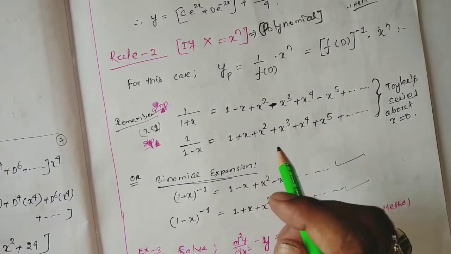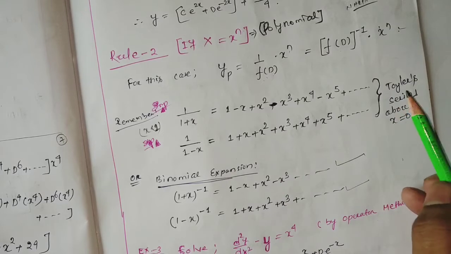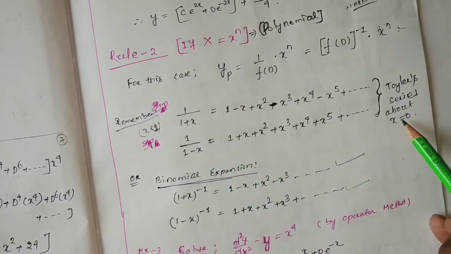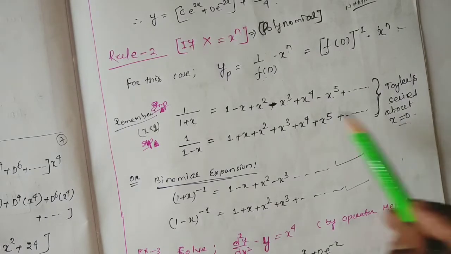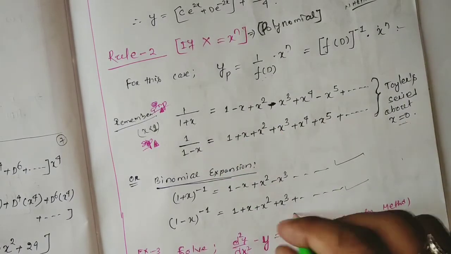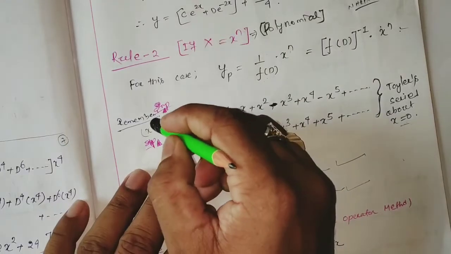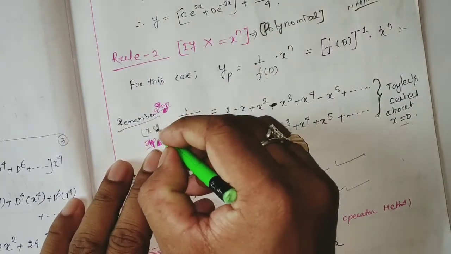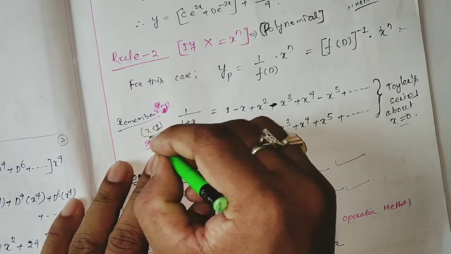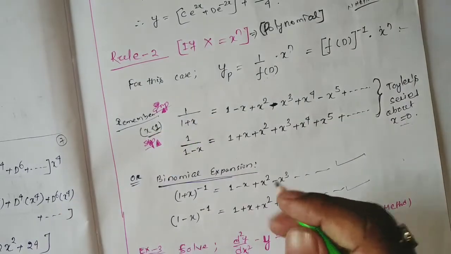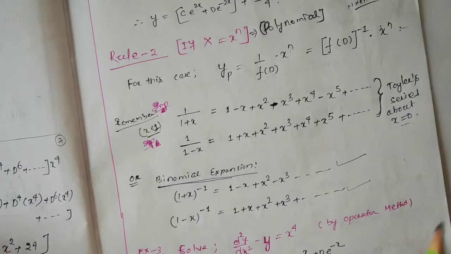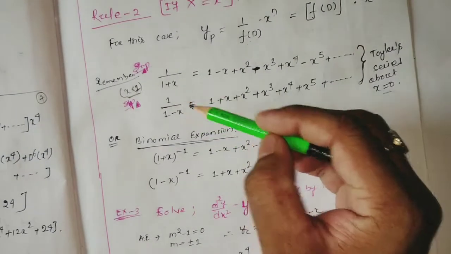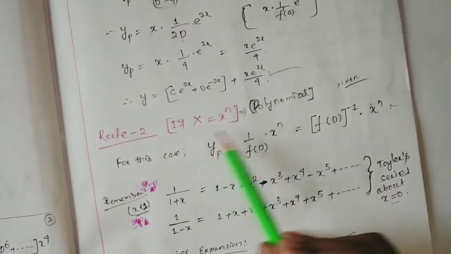With the help of that you can evaluate the Taylor series of 1 by 1 plus x and 1 by 1 minus x about x equal to 0. So x is always less than 1. Why it has to be less than 1, you will study in your fourth semester, so no need to worry about that. You just remember these two series. They are required to solve this type of problem.